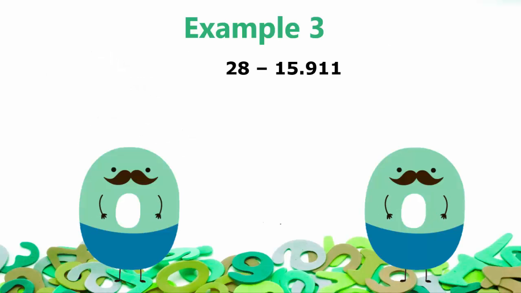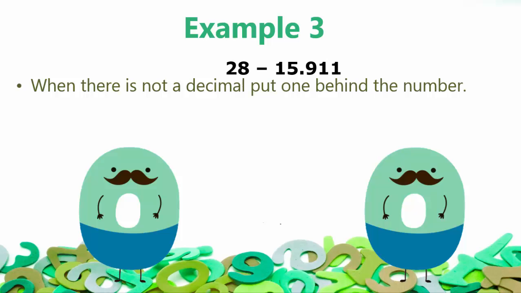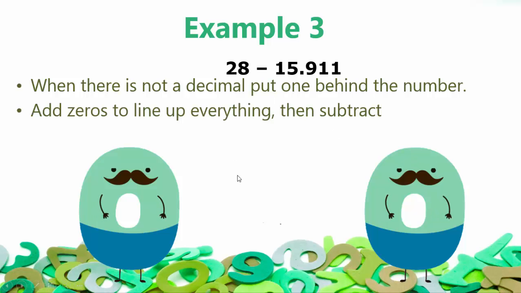Reviewing what we just did on the whiteboard. When there is not a decimal, put one behind the number. Add zeros to line up everything, and then subtract.